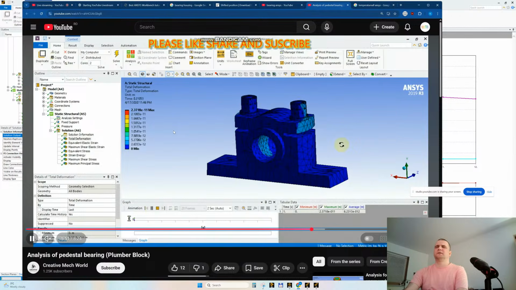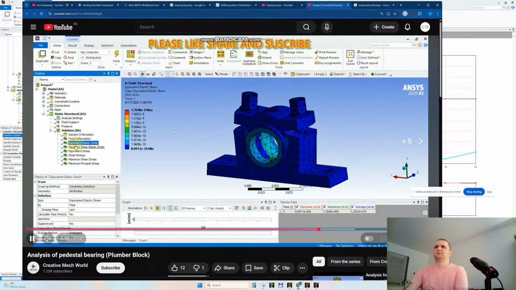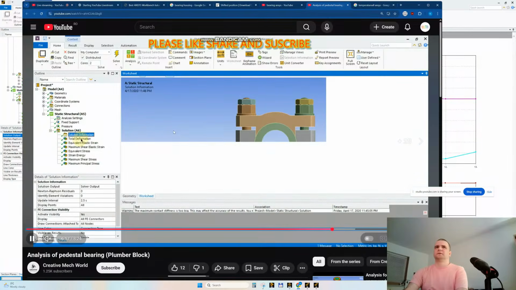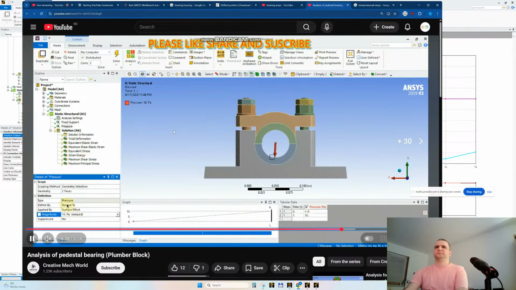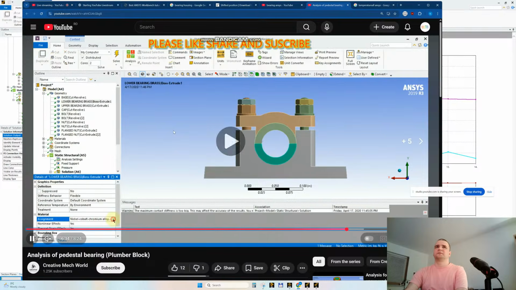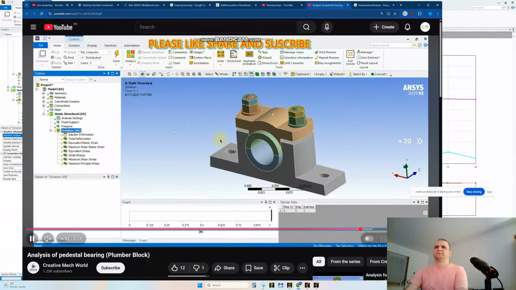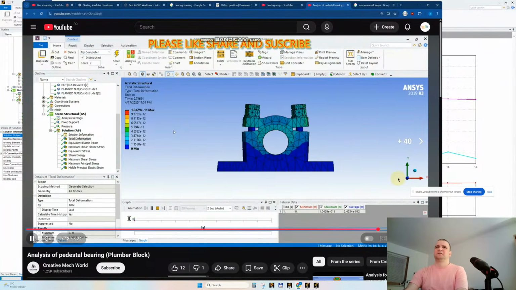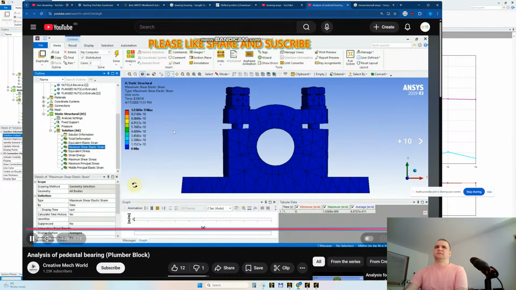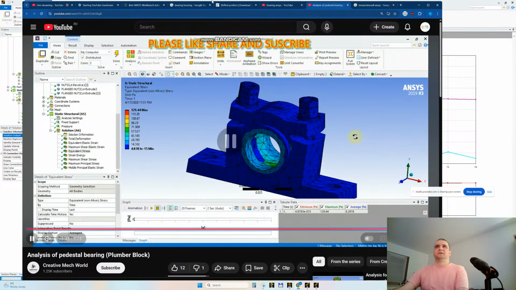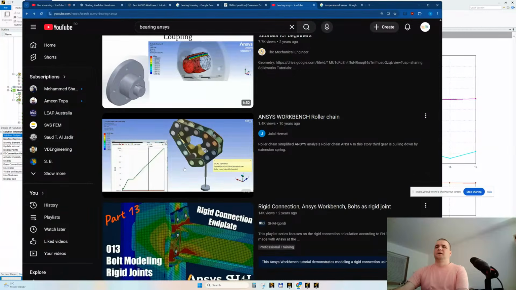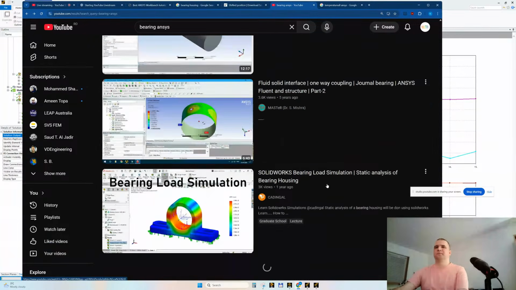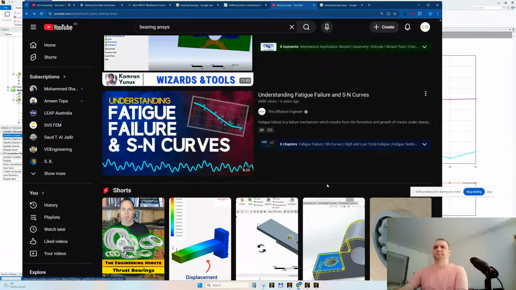Oh my God. Attometers, I'm sorry. 0.2 attometers. From a pressure of 10 pascals, not megapascals. Oh my God. Yeah, nothing to learn there.